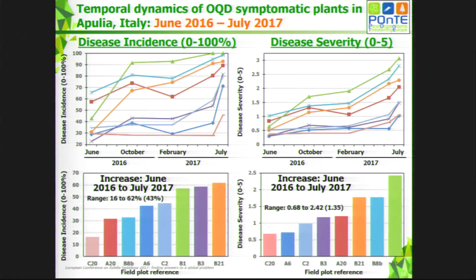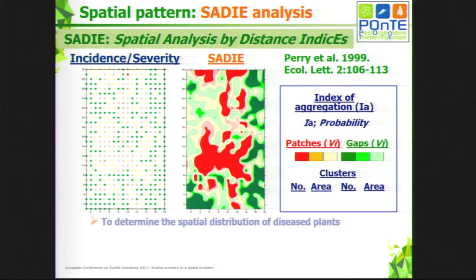So on average, in this 1-year study, we have an increase that ranges from 17 to more than 60% in disease incidence, with an average of 43%, and in disease severity from 1.6 to 2.4. So on average, an increase in all the different plots of more than 1 point. So there is a continuous increase in both disease incidence and disease severity.